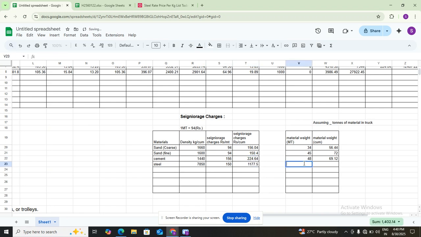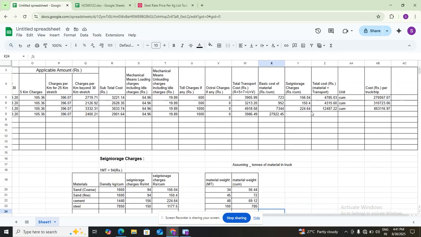I'm taking it as a bulk quantity. That's why I'm carrying 100 metric ton of steel. Okay, 785 is the cubic meter. That is, 100 metric ton of steel has to be 785 cubic meter.